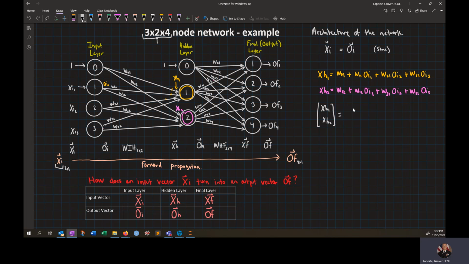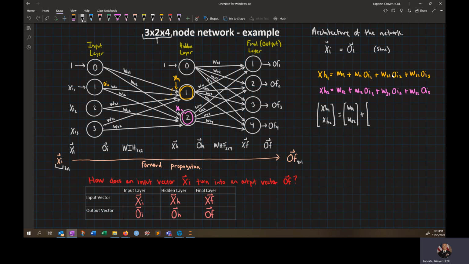And that's going to be equal to, so this first piece is just W01 and W02, so it's a vector. It looks like this, W01, W02, and then plus, I'm going to turn this into a matrix. So what does that matrix look like?